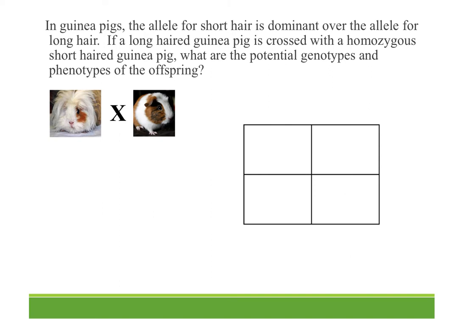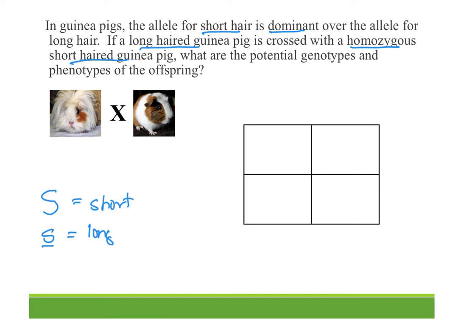So the first thing you need to do in order to figure out this problem is to get the parental genotypes. So the information we know from the problem is that the short hair is a dominant allele, and we have a long-haired parent and a homozygous short-haired parent. So our alleles, I'm going to use the letter S for short hair. So we'll use a capital S as equaling the short-haired allele, and then a small s, and I'm just going to underline that to make it more clear that it is a lowercase letter, is going to represent our long hair allele.